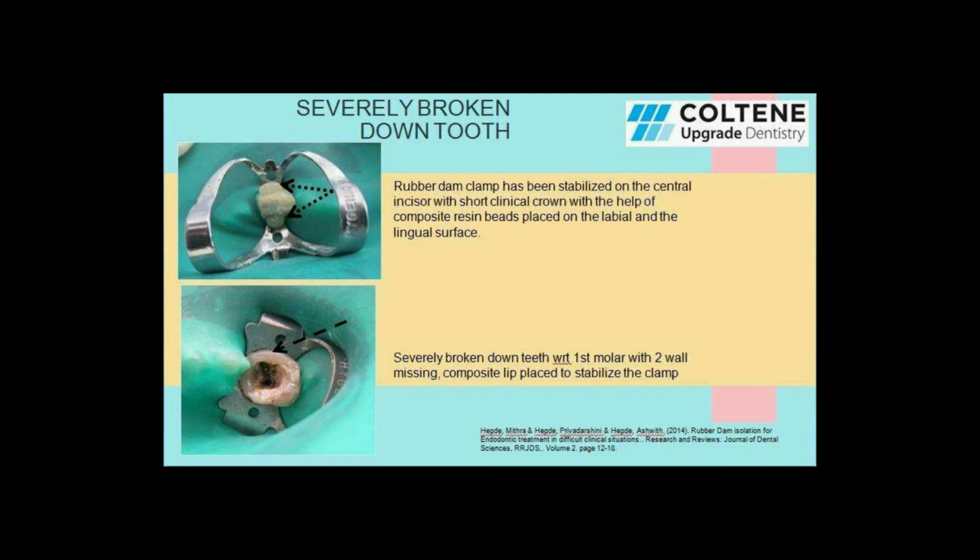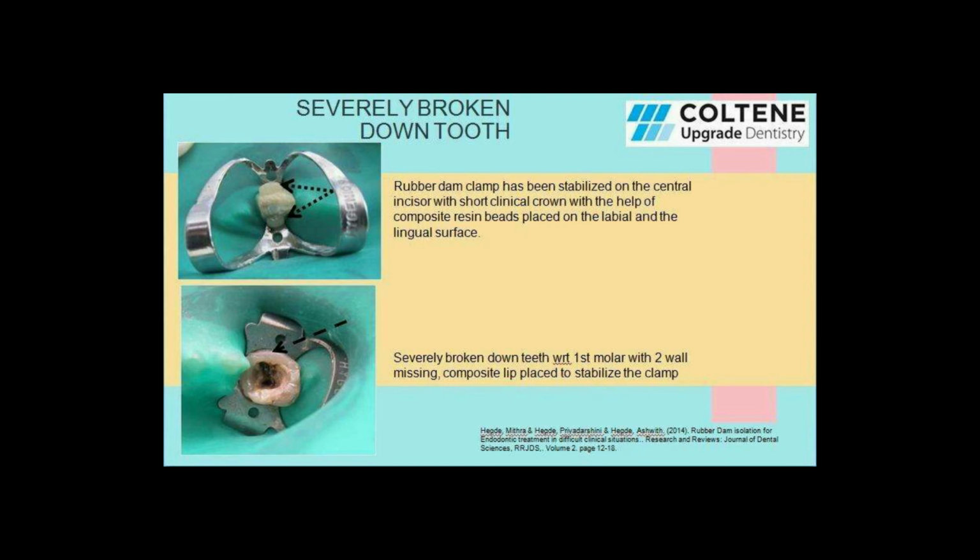Now, the next tip is regarding severely broken down teeth. As we have already seen, if a tooth is severely broken down, then it will become impossible for us to apply rubber dam over it because clamps cannot retain anywhere. As we can see in the first or upper picture, this is a severely broken down maxillary central incisor.